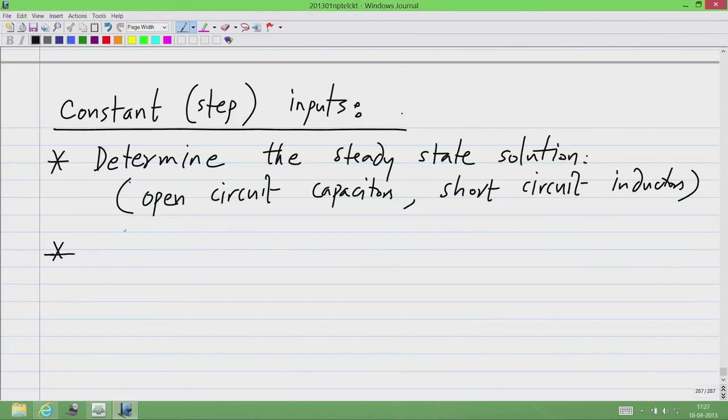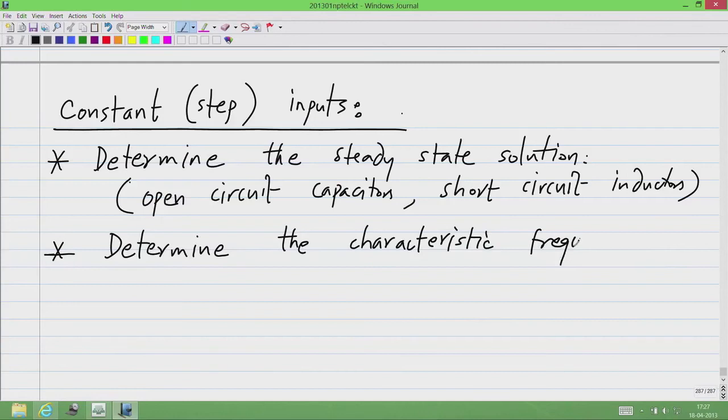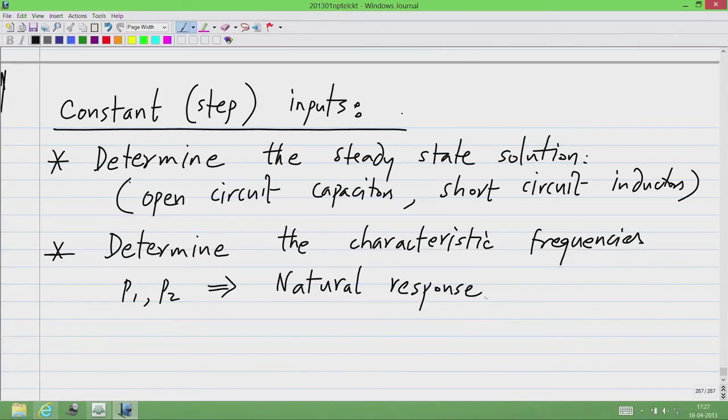Then you determine the natural or the characteristic frequencies. For a second order system, you will have two of them, P1 and P2. So, this means that the natural response will be of the form A1 exponential P1t plus A2 exponential P2t.